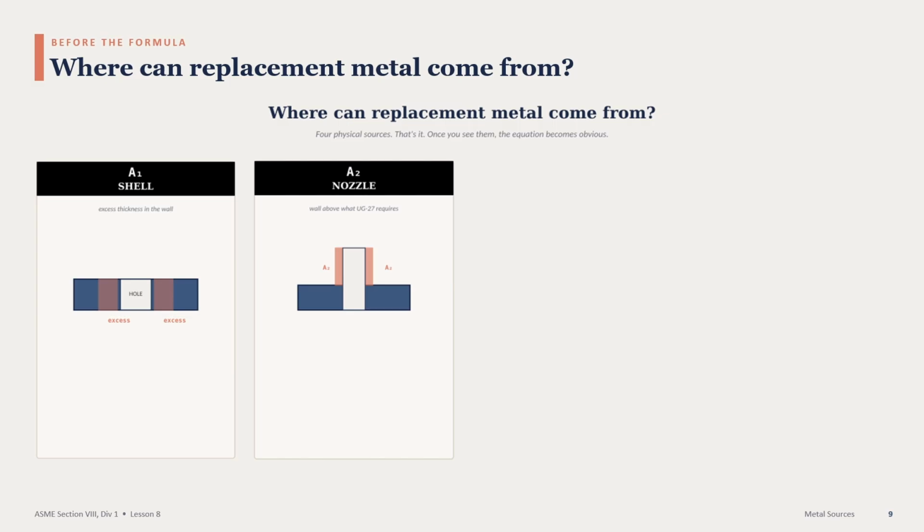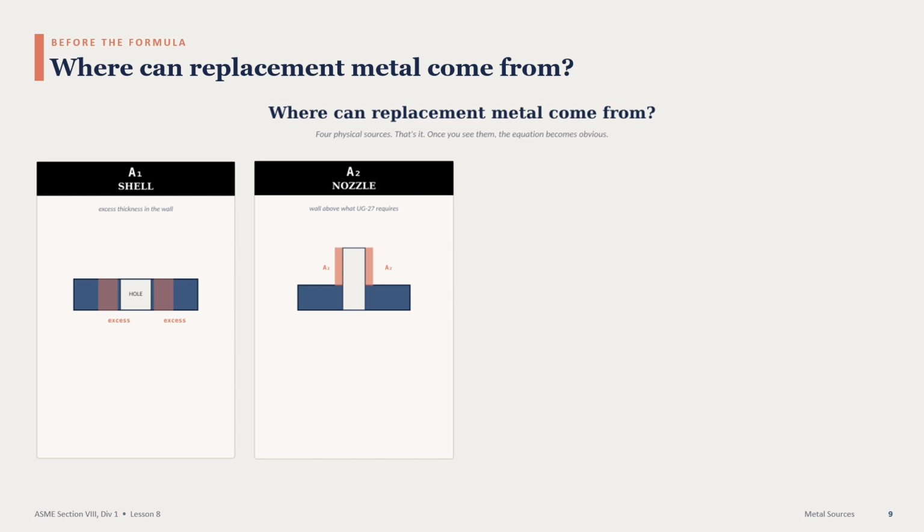Second, the nozzle wall. Similarly, if we picked a nozzle wall thicker than UG-27 requires for the nozzle's own pressure calculation, that excess counts too. And this goes both ways.